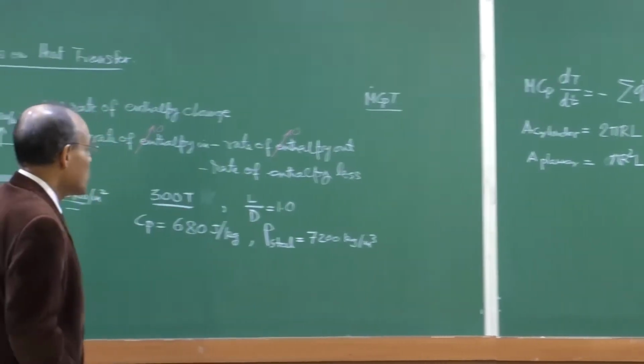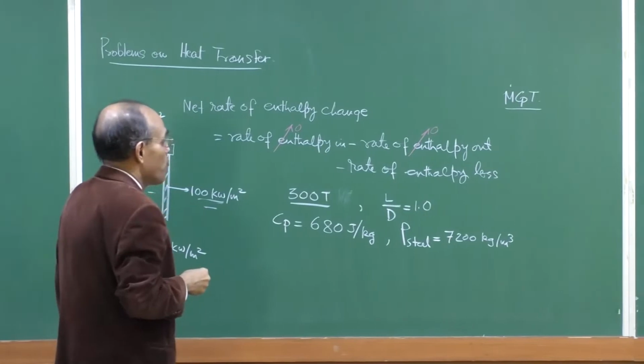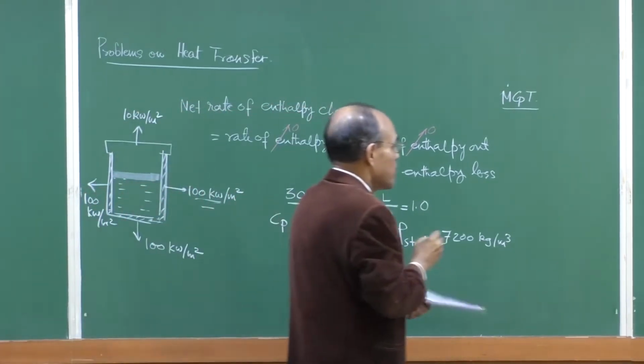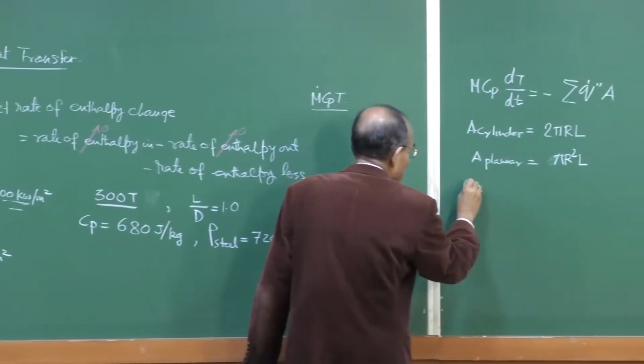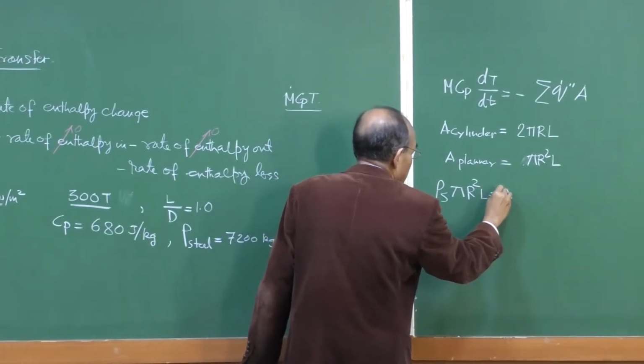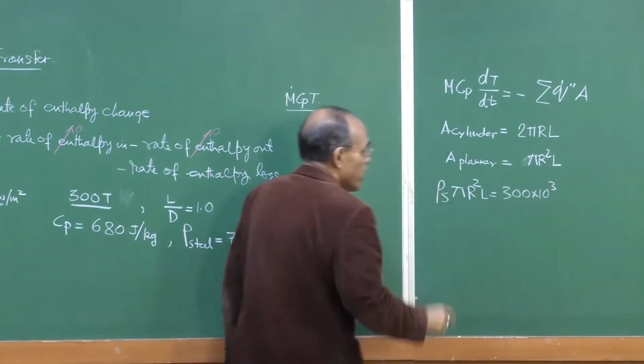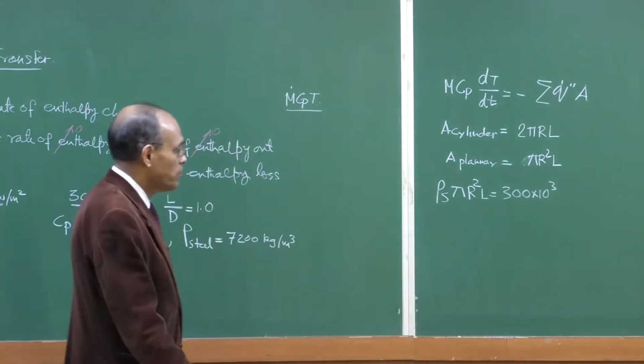Now, in the problem, r and L values are not given to us; these are implicitly hidden in the data. Because it is a cylindrical vessel, the mass of the cylindrical vessel, rho s pi r square L, is equal to 300 into 10 to the power 3 kg, where everything is in SI unit.